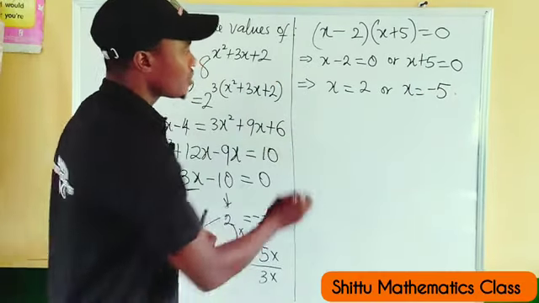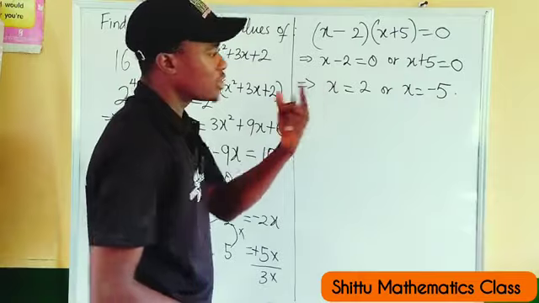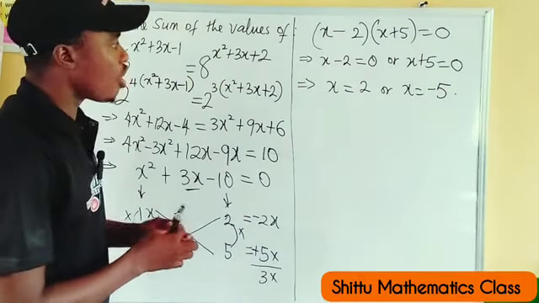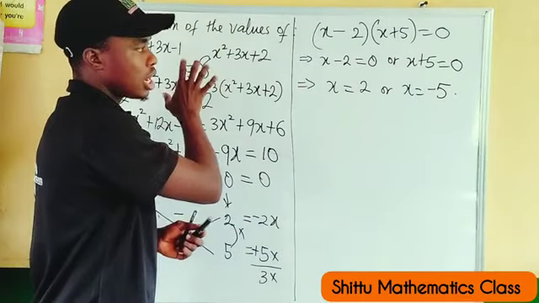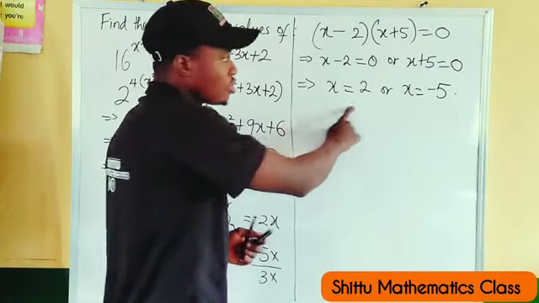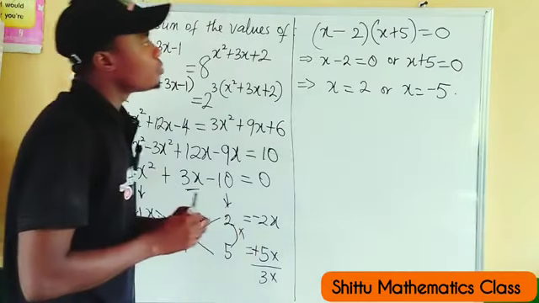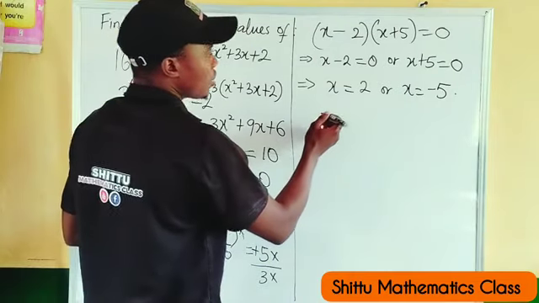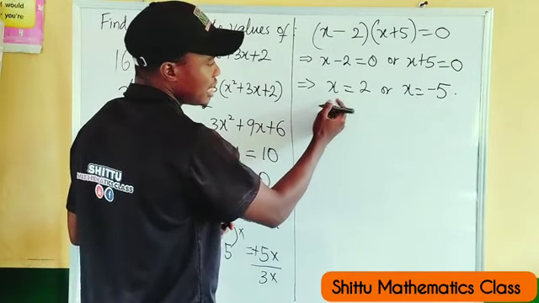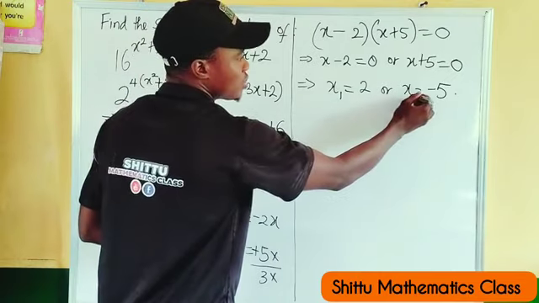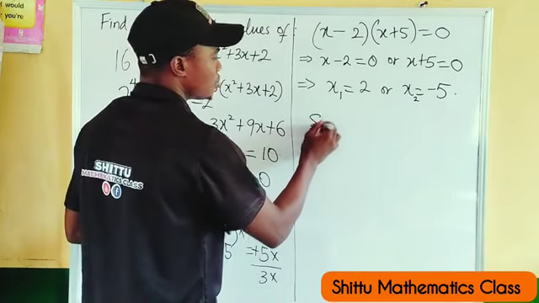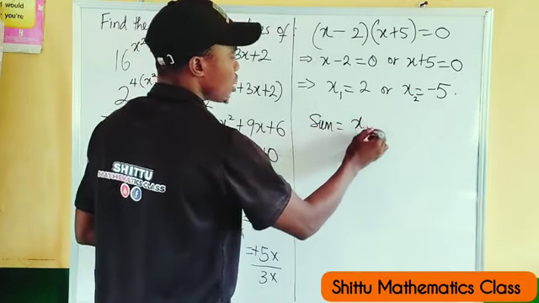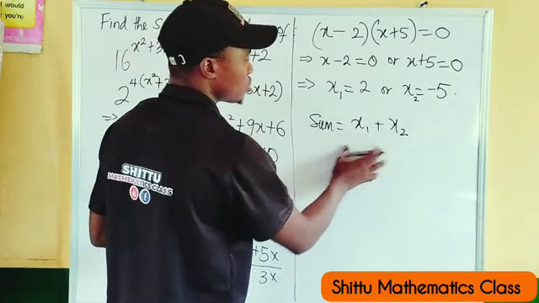So from here, we have the two possible values of this problem: x equals to 2 and x equals to minus 5. But the question said the sum of the values. If we let this be x1 and this be x2, their sum is going to be x1 plus x2.